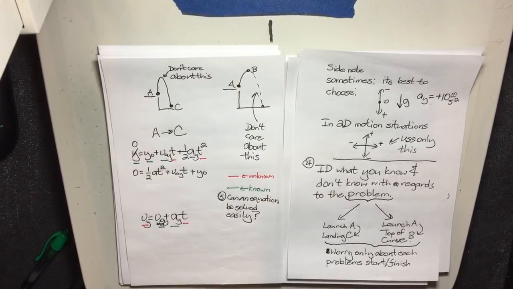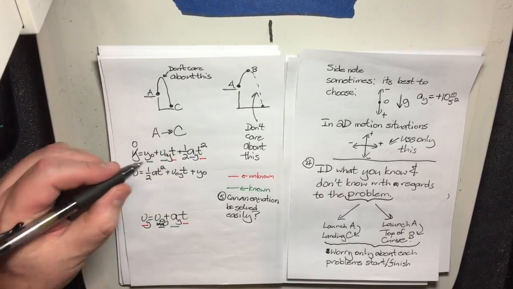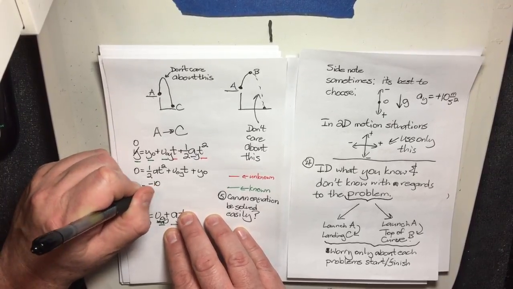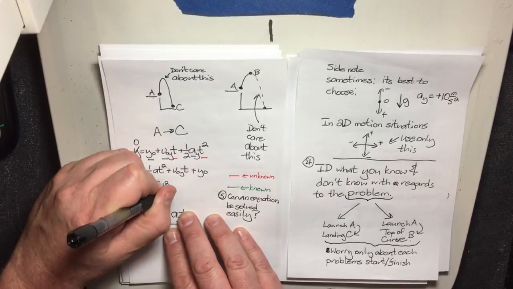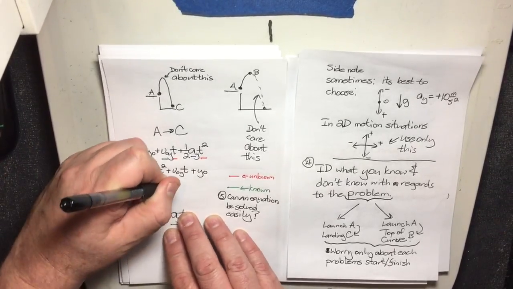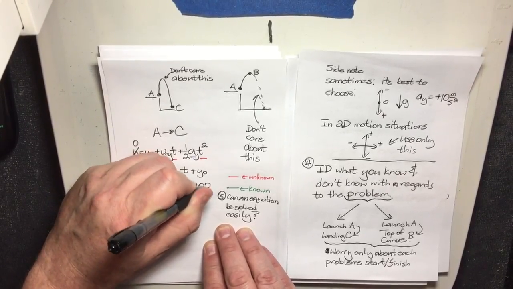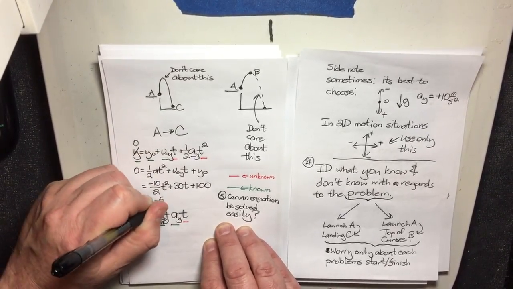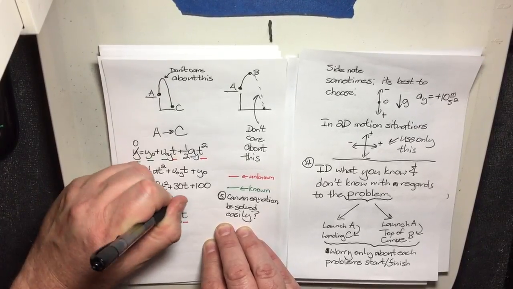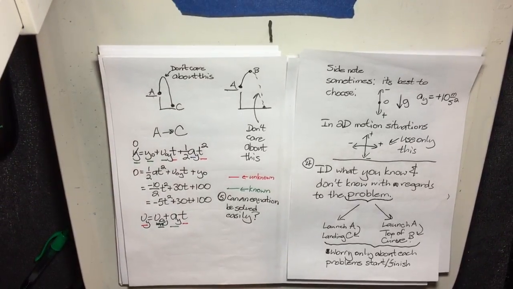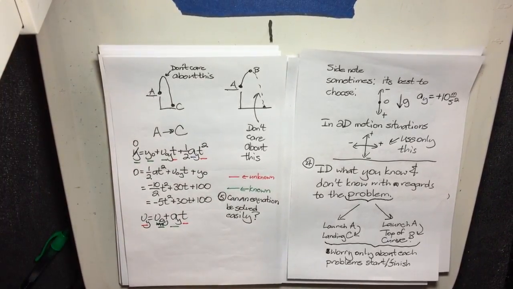In this particular case, I am going to plug stuff in: -10/2 t squared plus 30t plus 100, or -5t squared plus 30t plus 100. So this can be solved using the quadratic formula.